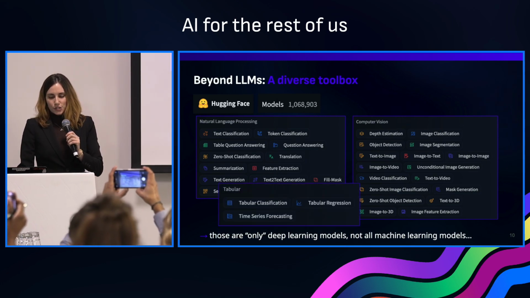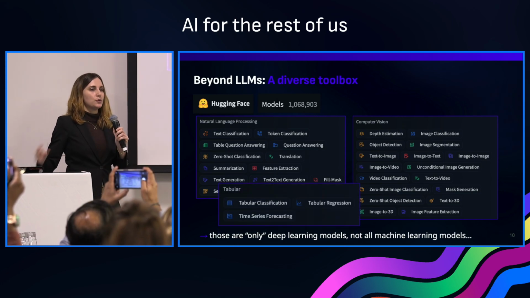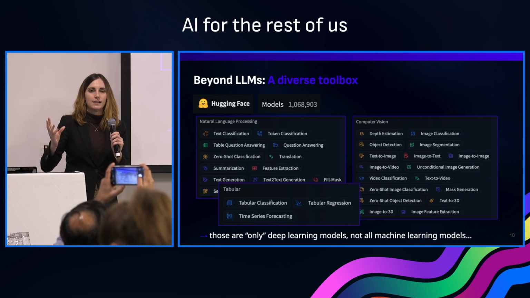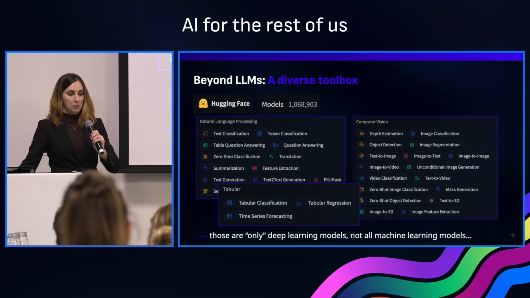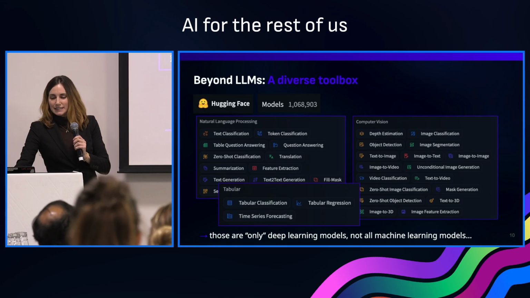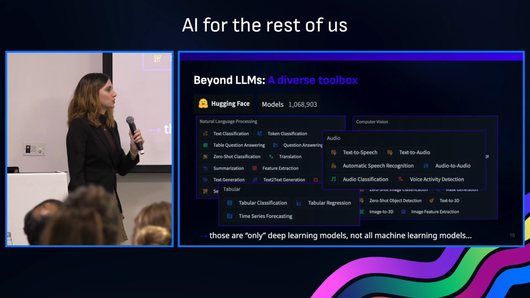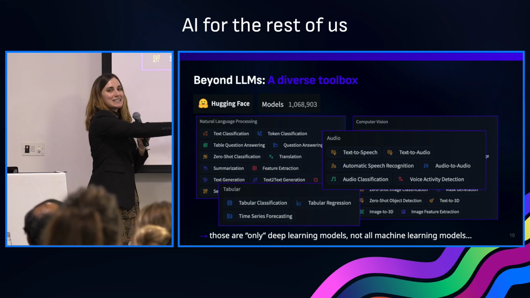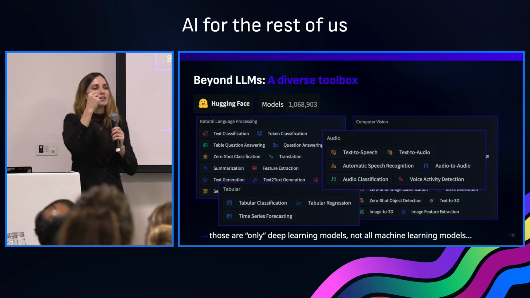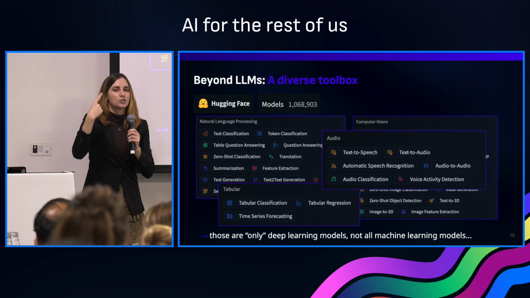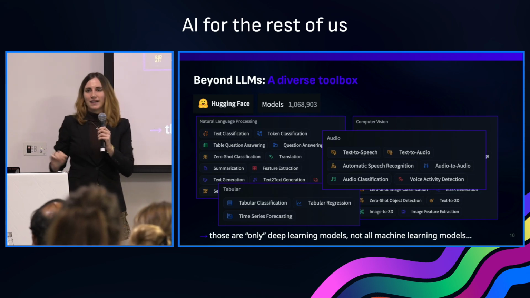But then there is also tabular data. If you think about your Google Sheets, your Excel tables, that is tabular data. Then there is also audio, of course. If you think about transcription, or what's happening here on the side, this is also partially machine learning. It's taking my audio, what I'm speaking right now, translating it to text, and then being corrected by the nice gentleman in the back.